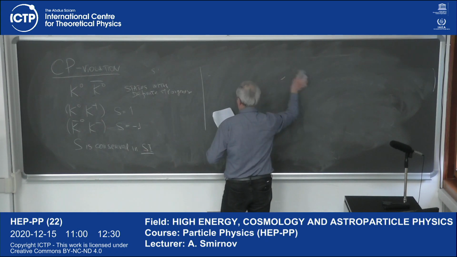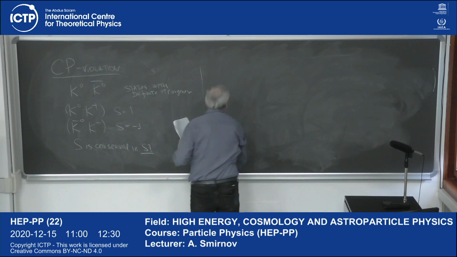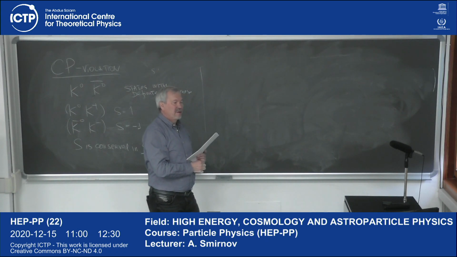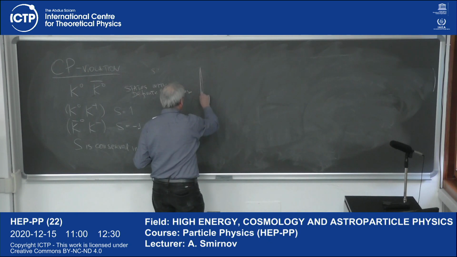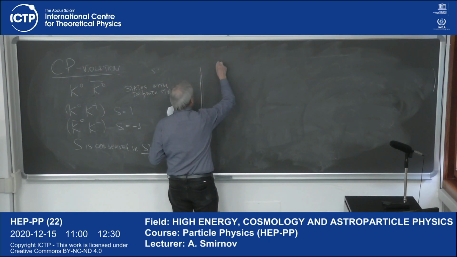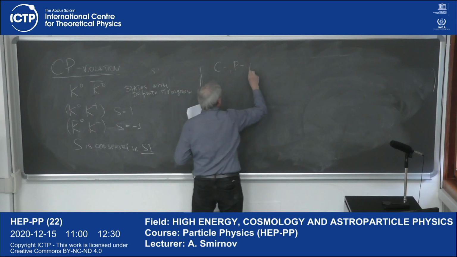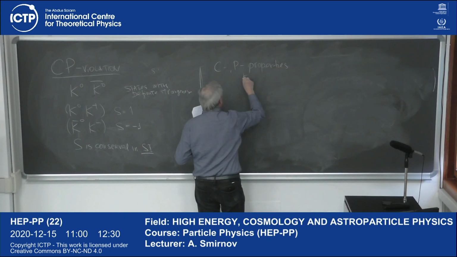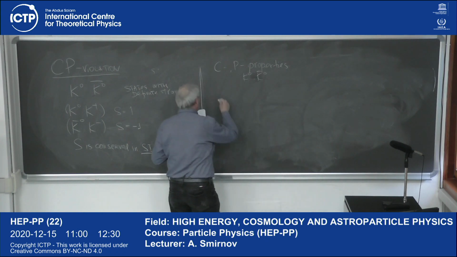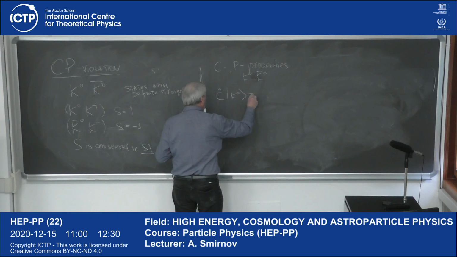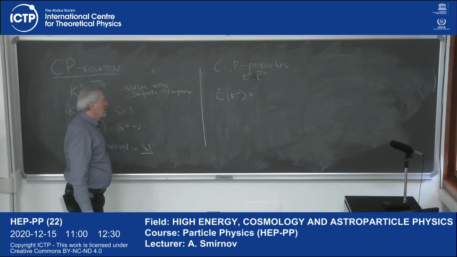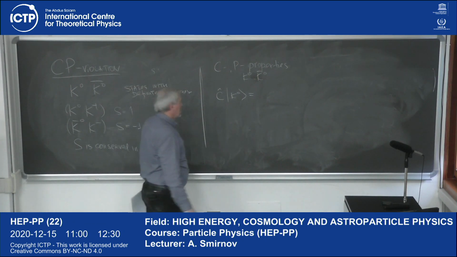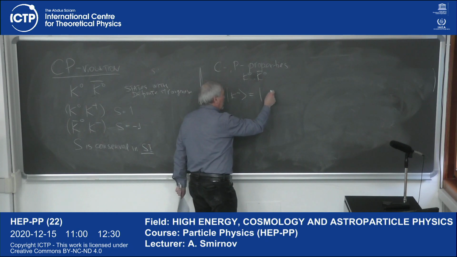Now let us study properties of K mesons, of K0. It's a little bit boring, but you will see that something very non-trivial appears from this boring analysis. So we are discussing C and P properties of K0 and K0 bar. If you apply the C transformation onto K0, what will we get?